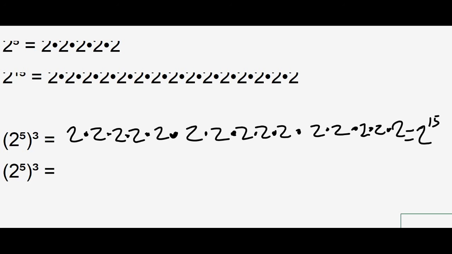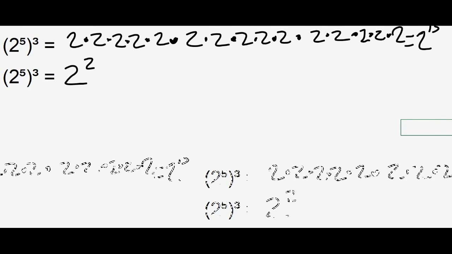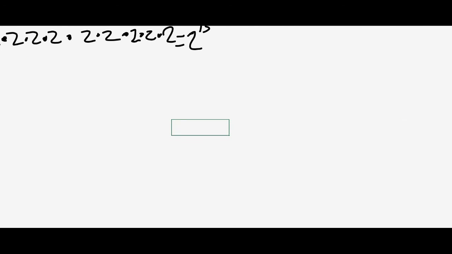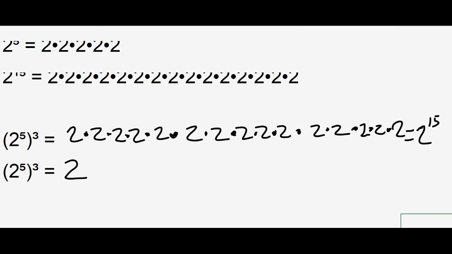So when I have 2 to the 5 to the 3rd, I actually have 2 to the 5 times 3, or 2 to the 15th power.